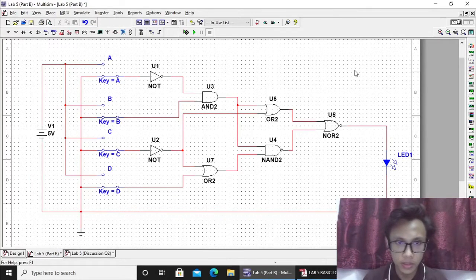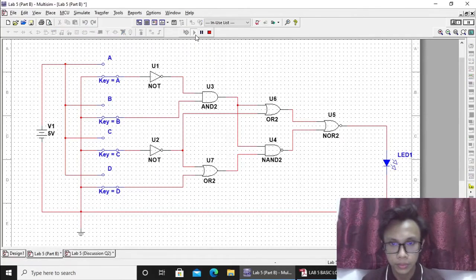For the first simulation, we are going to use the input of 0, 0, 0, 0. Then let's run the simulator. As you can see, the LED does not light up. So we can say that the output is 0. The next one, we are going to use the input of 0, 0, 1, 1.